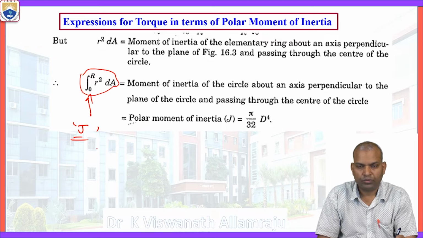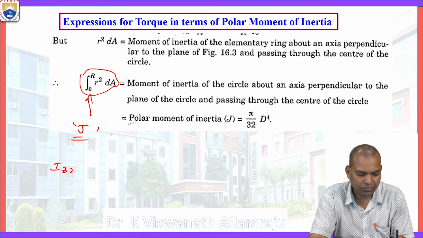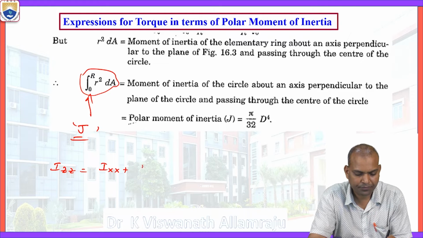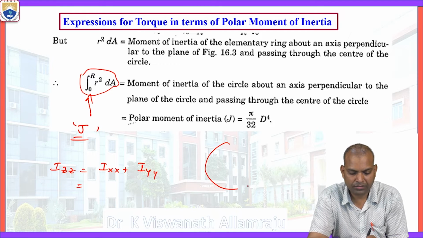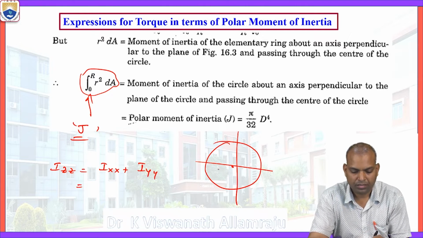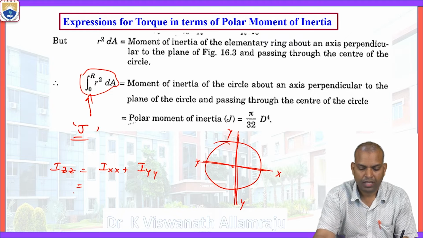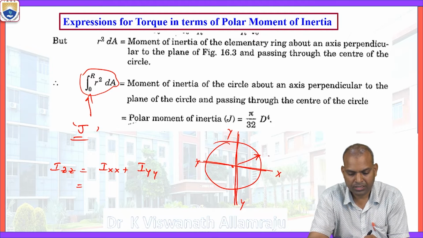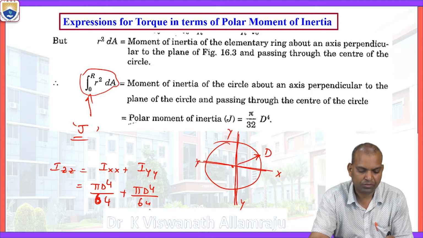That is J equal to pi d power 4 by 32. How does it come? According to the perpendicular axis theorem, IZZ equals IXX plus IYY. Now, what is IXX for a circle? If we consider the x-axis and here the y-axis, and the diameter is d, about the x-axis it is pi d power 4 by 64, and about the y-axis it is also pi d power 4 by 64.